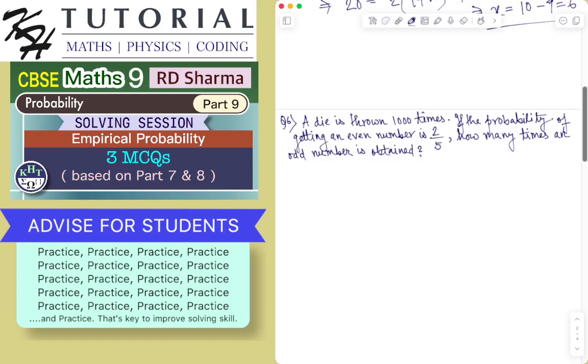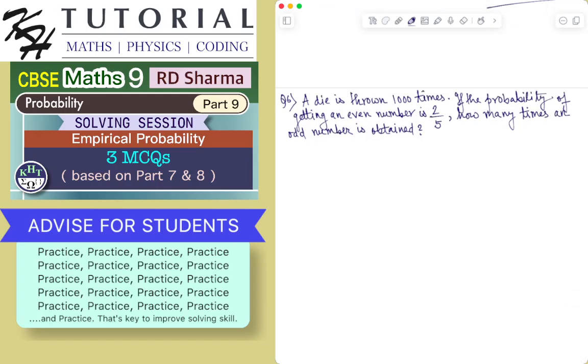Next problem, question number 6. A die is thrown 1000 times. If the probability of getting an even number is 2 by 5, how many times is an odd number obtained? So if I throw a die 1000 times, I know that in every trial I will get a number which will be one number from 1 to 6, and of all these numbers 1 to 6, any number is either even or odd.